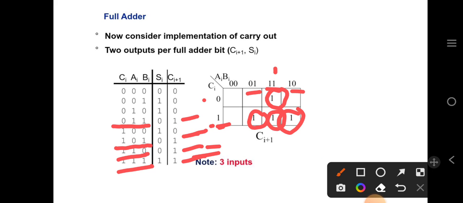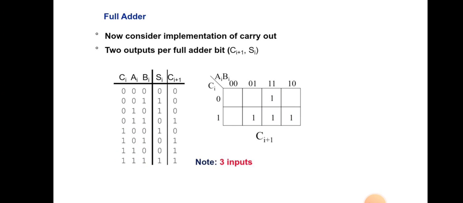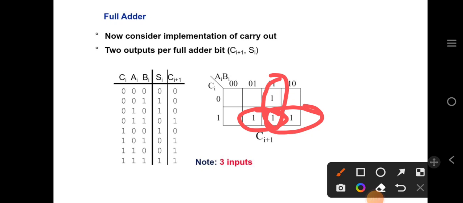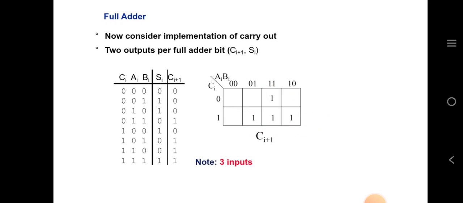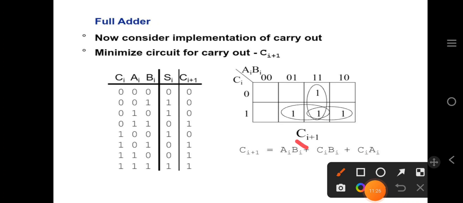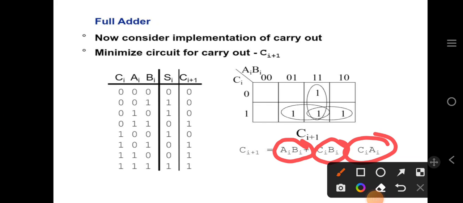Like this we have formed the groups. You can make a group like this first, this second, and this third. After that you can write the equation. Here you can see the 3 groups I have made. The first equation is for the first group, this is for the second group, this is for the third group.